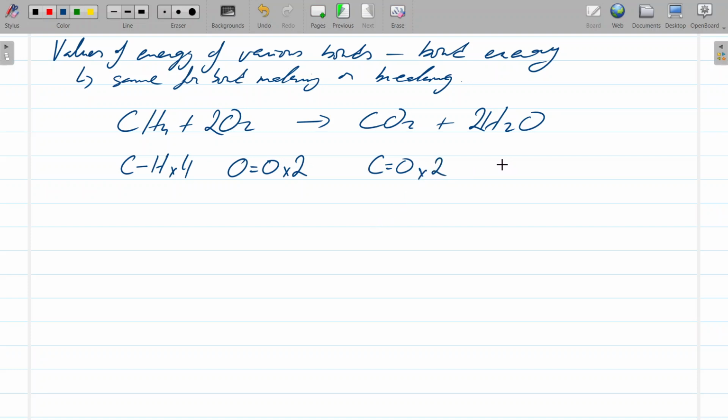How many H-O bonds are here? Hydrogen at 4 and oxygen at 2, but there are two molecules, so that makes it 4. This is the bond breaking side, the reactants, and the products are the bond making side.